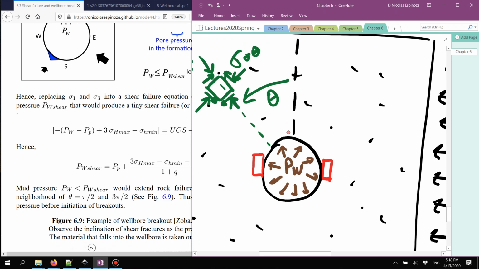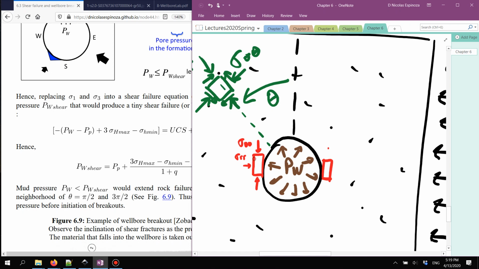If you remember, that angle is going to depend on the direction of the maximum stress, which in this case is the hoop stress, sigma theta theta, and on the direction of the minimum principal stress, which in this case is sigma RR, and it's going to be located at an angle equal to beta, friction angle divided by 2 plus 45 degrees, from the plane of the maximum stress to the plane of the lower stress.